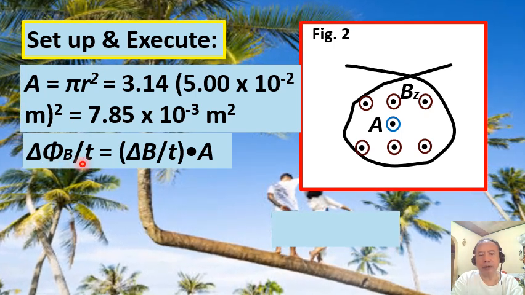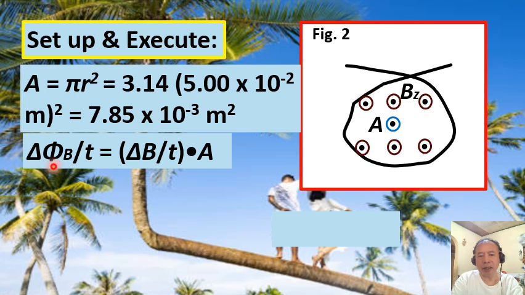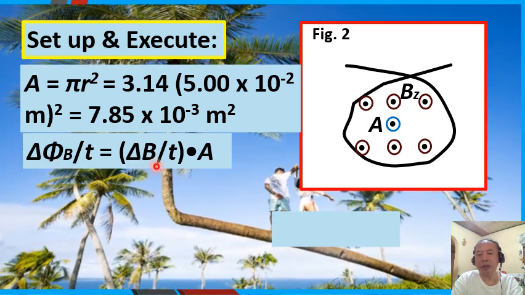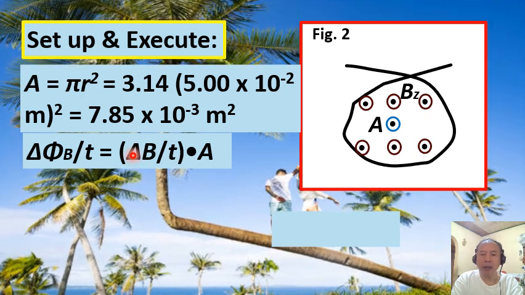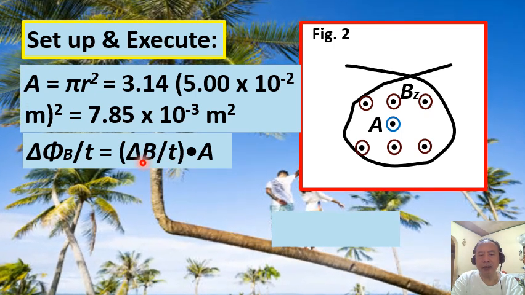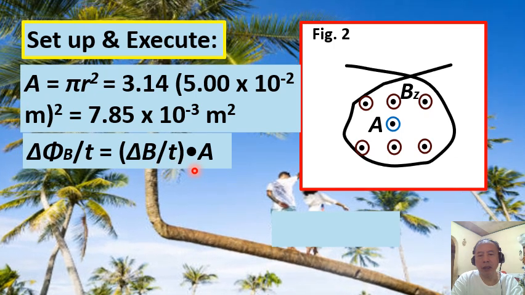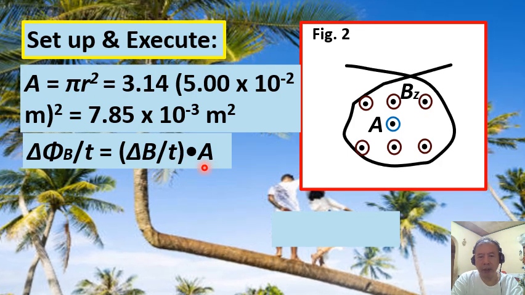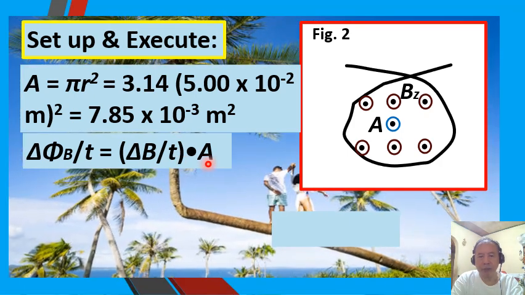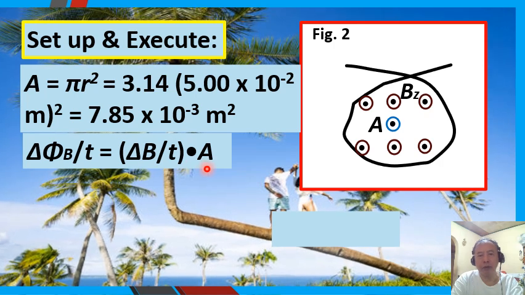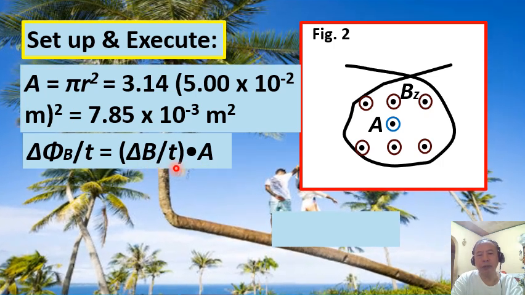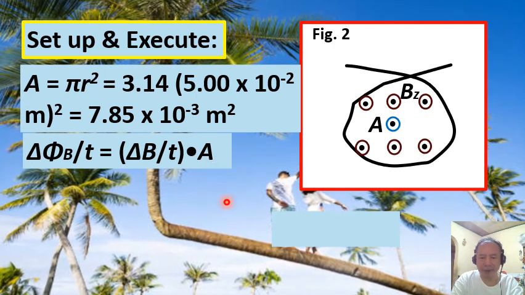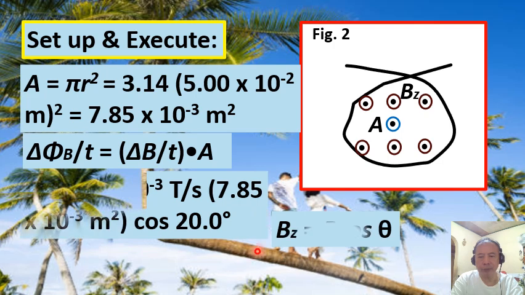But in terms of the area vector, delta phi sub B over delta t can also be expressed as delta B over delta t, multiplied using the dot multiplication or the scalar multiplication. So delta B over delta t is dot multiplied by the area vector A.